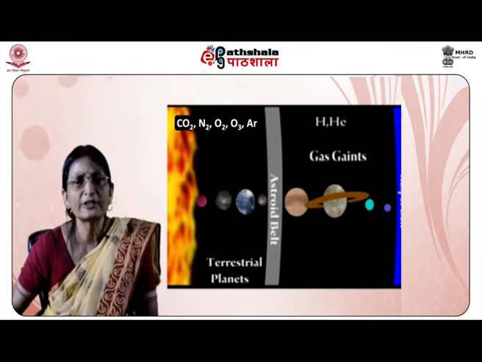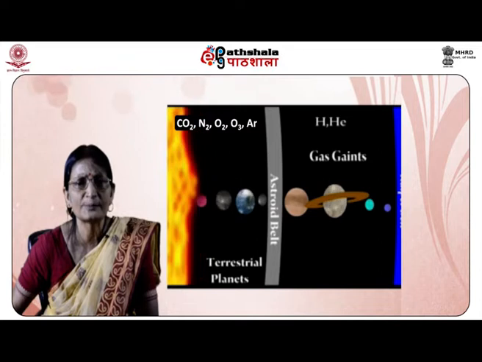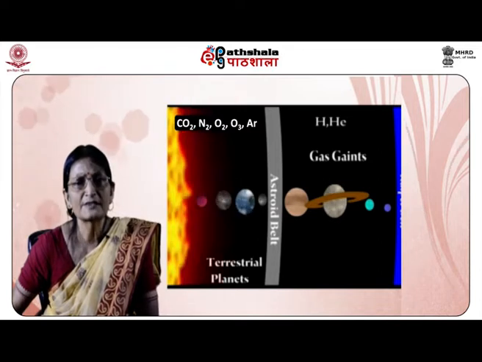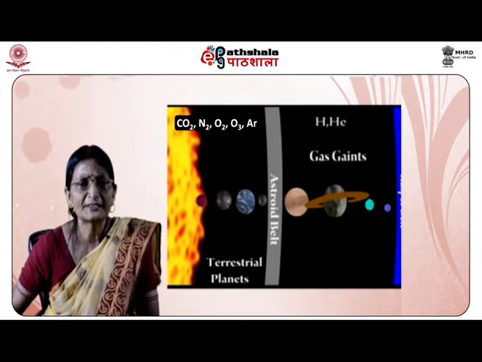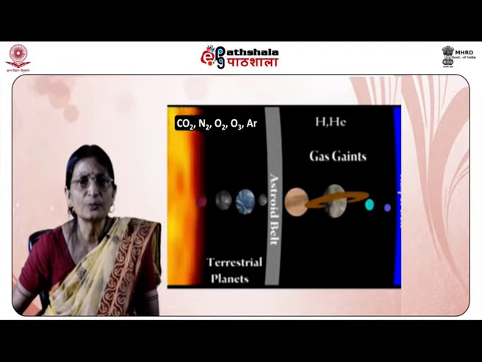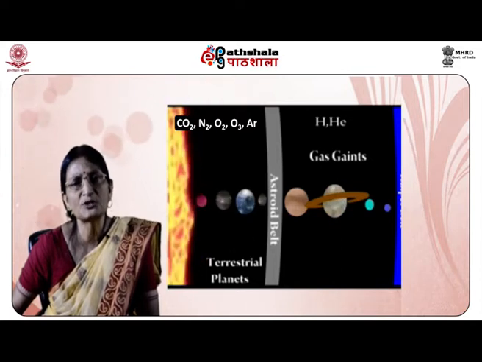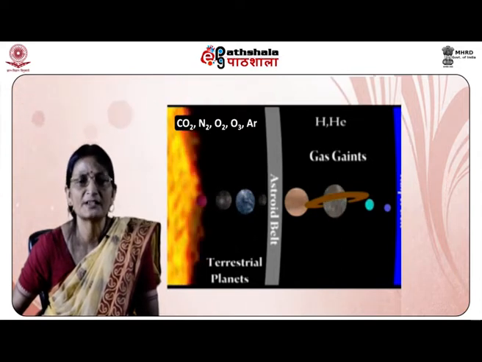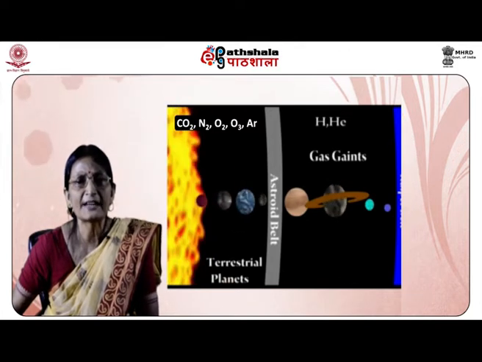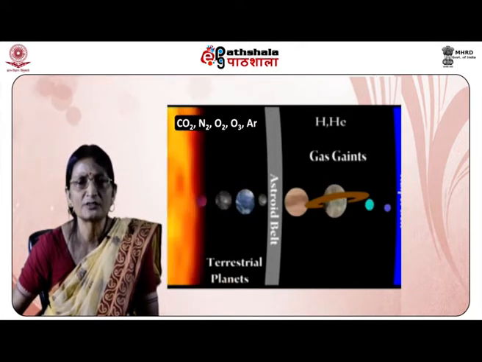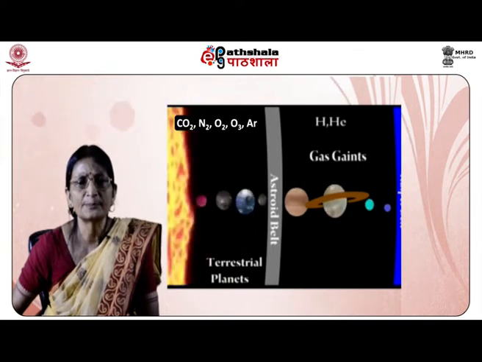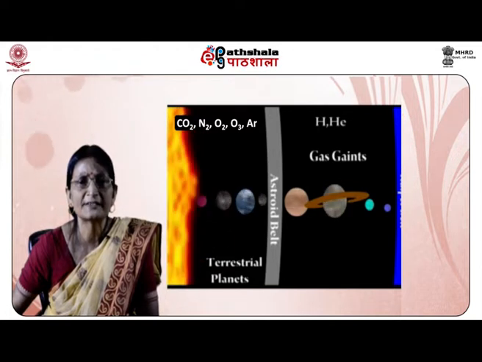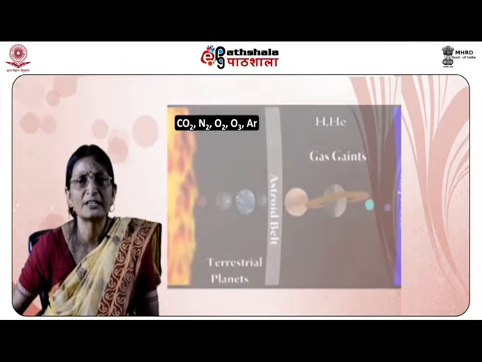For example, the 4 innermost planets, which are also called terrestrial planets, Mercury, Venus, Earth and Mars, have some similarities, and the other group of planets, the 4 outer planets, Jupiter, Saturn, Uranus and Neptune, also have some similarities in their atmosphere. The terrestrial planets have heavier gases such as nitrogen, carbon dioxide, oxygen, ozone, etc. And the gas giant planets, as the outer planets are often called, have atmospheres comprised mostly of hydrogen and helium.